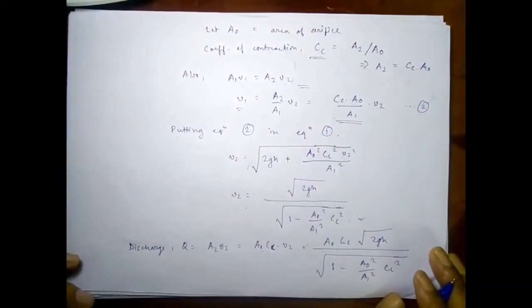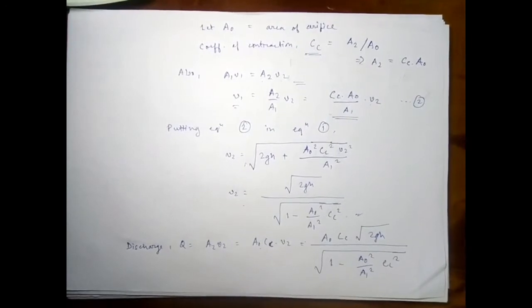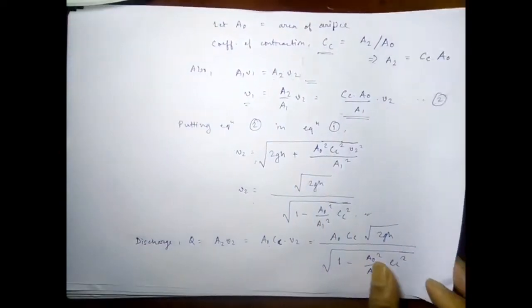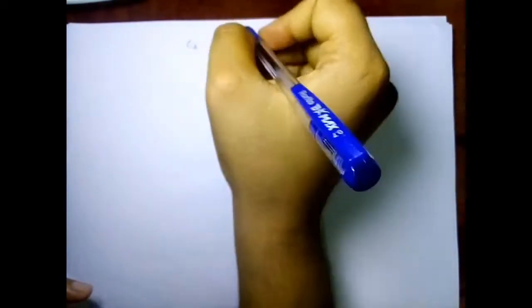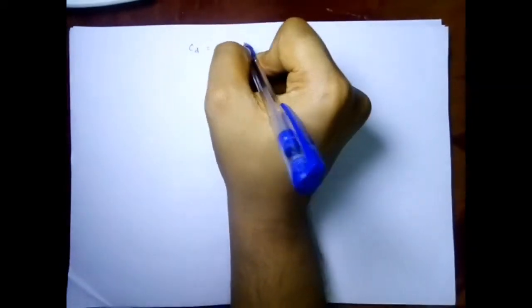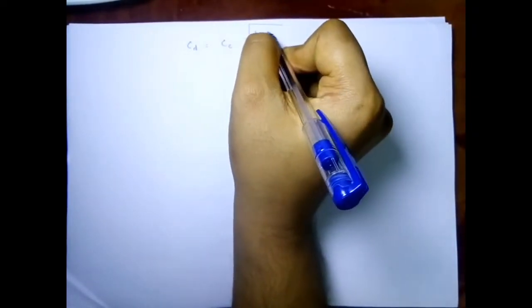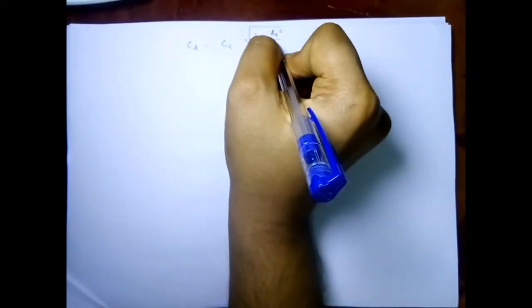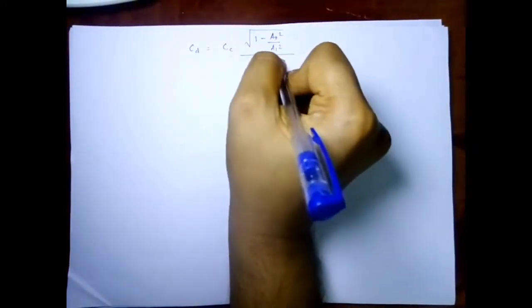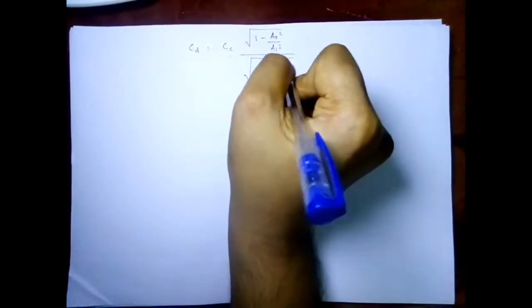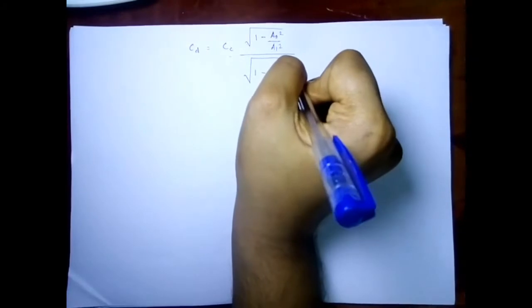So this is what I got, and further I can write that CD is the coefficient of discharge. We know that CD is the coefficient of discharge for the orifice meter, and CD is defined like this: CD is equal to CC times square root of 1 minus A0 square upon A1 square, upon square root of 1 minus A0 square upon A1 square times CC.